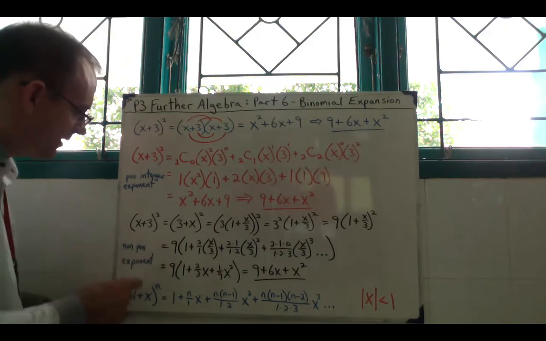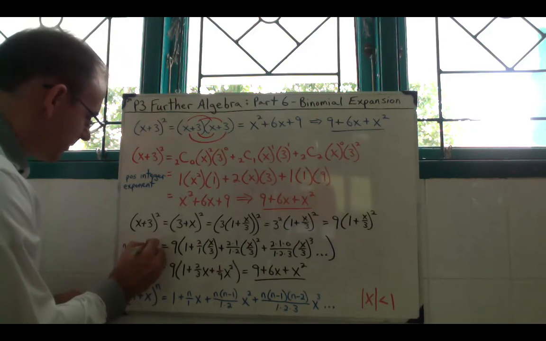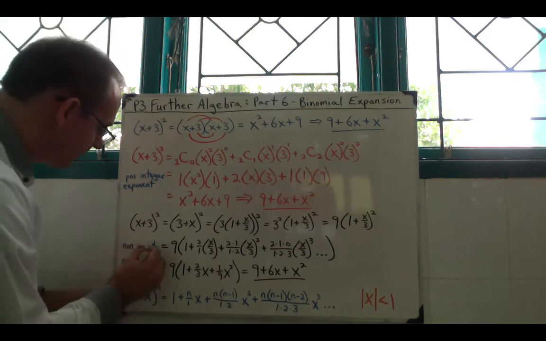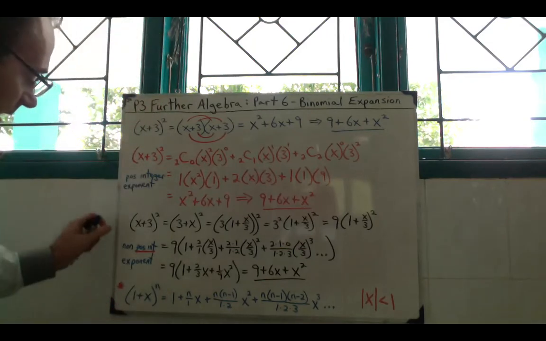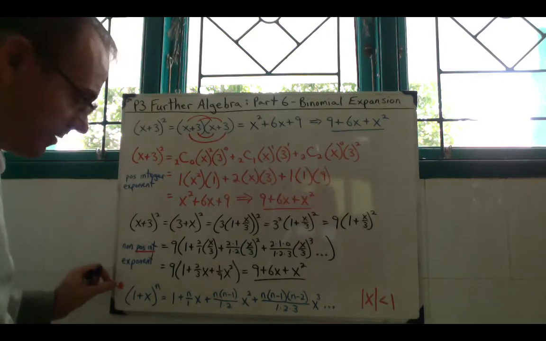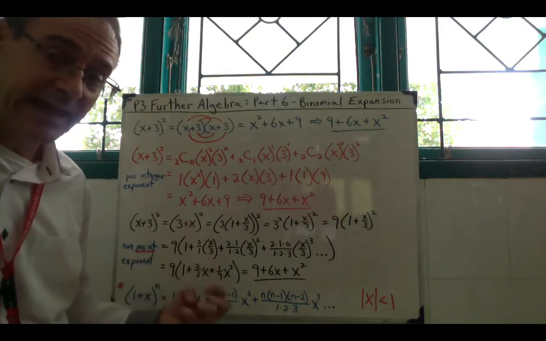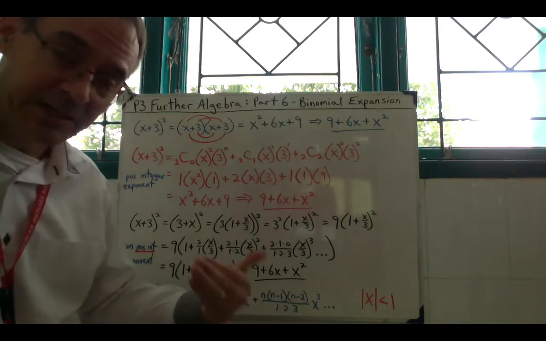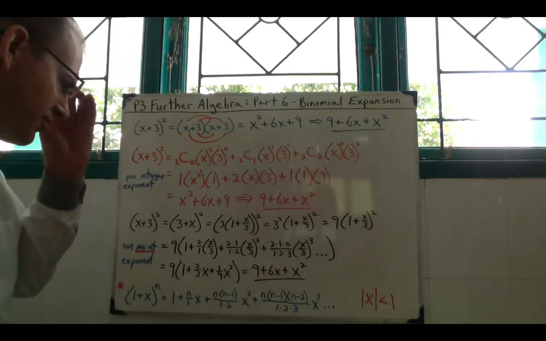In other words, it's not a positive integer exponent. So in other words, it could be a negative integer or it could be a positive fraction, but not an integer. Okay, so this is for not positive integers.